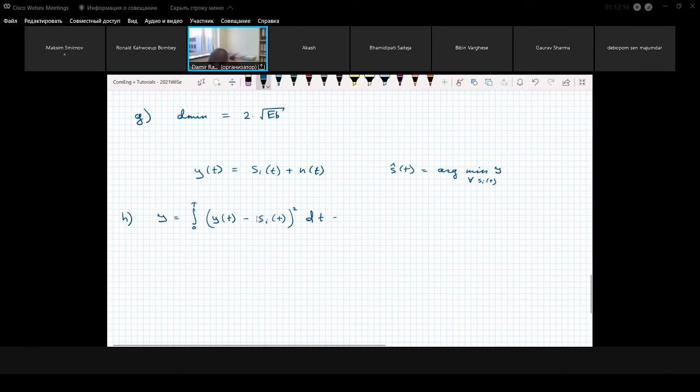We just open the parentheses and try to analyze what happens if we do this. If we open the parentheses, we can write the result as 3 integrals.